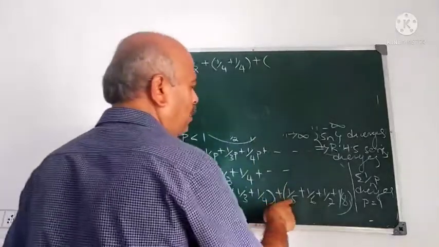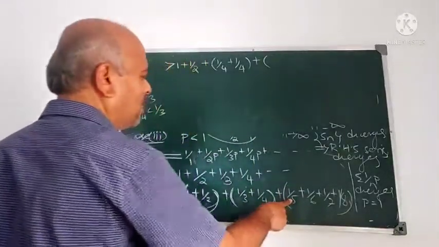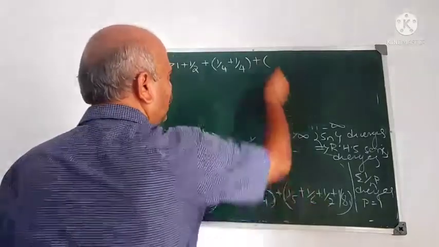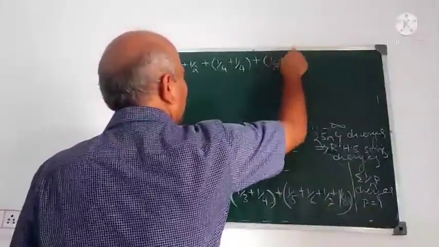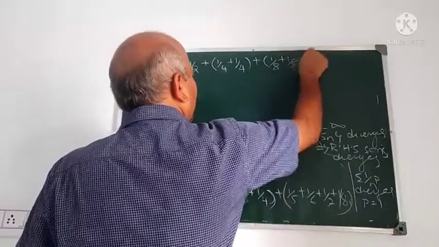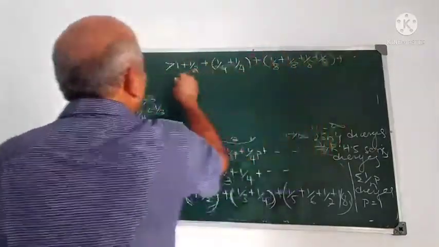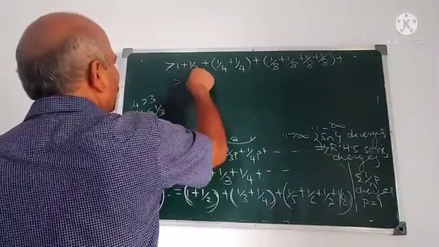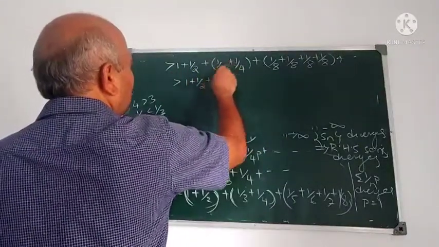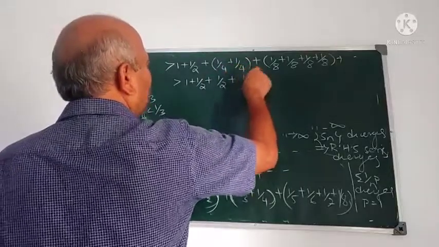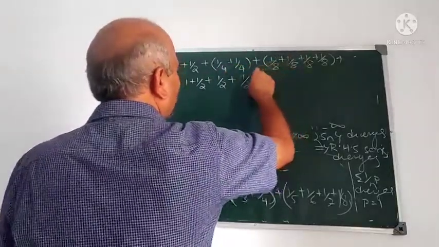Plus, 1 by 5 is greater than 1 by 8, 1 by 6 is greater than 1 by 8, 1 by 7 is greater than 1 by 8. Therefore, we write 1 by 8 plus 1 by 8 plus 1 by 8 plus 1 by 8 and so on. Therefore, it is greater than 1 plus 1 by 2 plus 1 by 2 plus 1 by 2, because it is 4 by 8, which means 1 by 2.